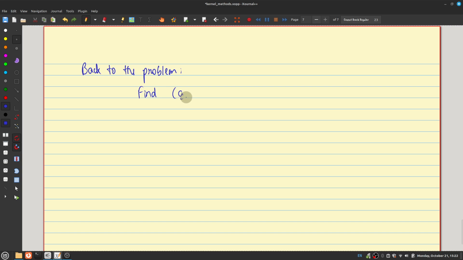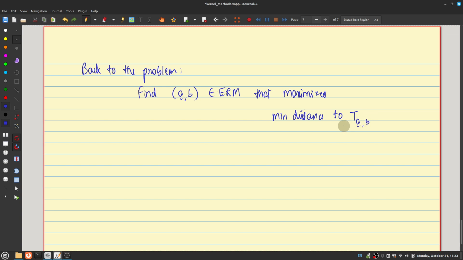Find A, B, which corresponds to an ERM, that maximizes the minimum distance to the hyperplane defined by A and B. This quantity, the minimum distance between the training set and the hyperplane in question, or the classifier, has a special name. It's called the margin.